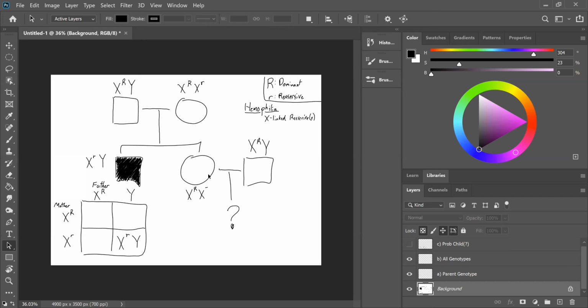Moira is a little bit more complicated. She has two X chromosomes. One of them was inherited from her mother, and one from her father.